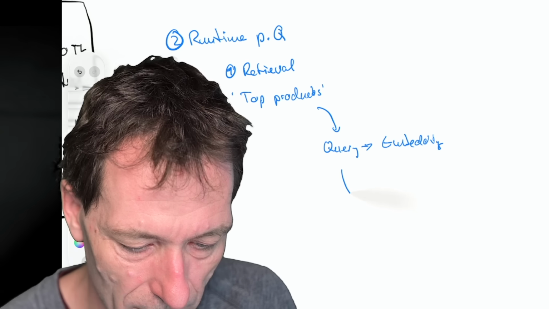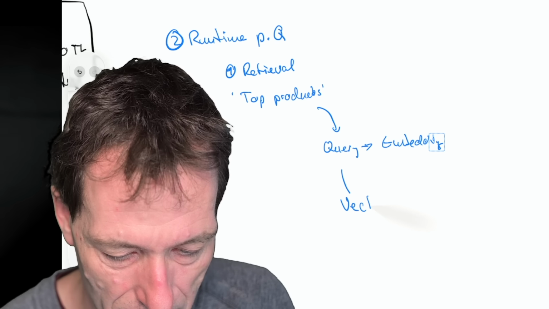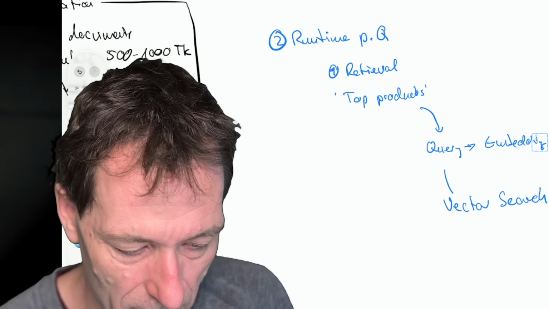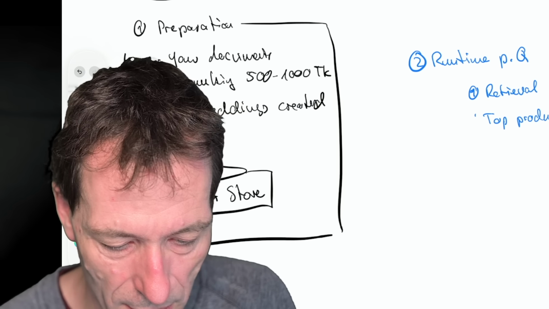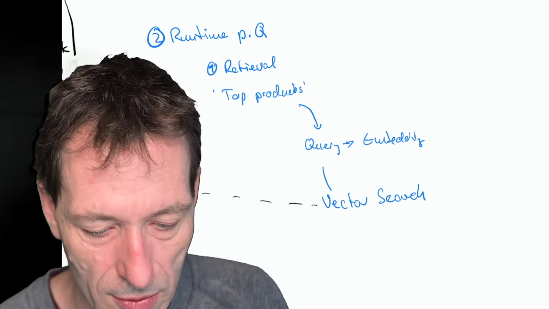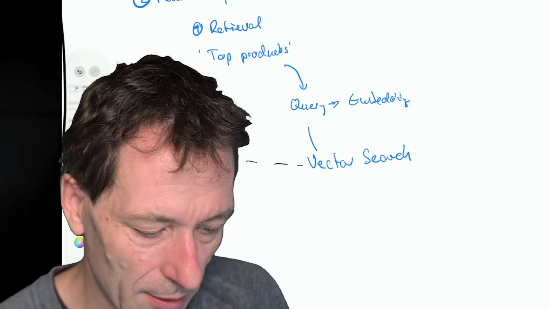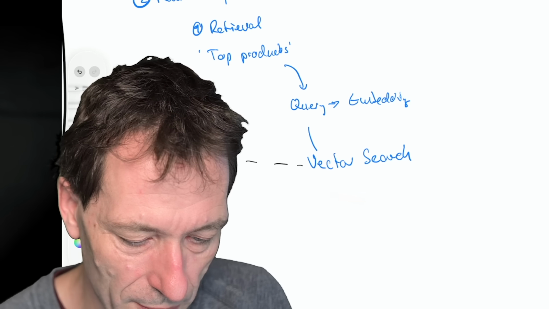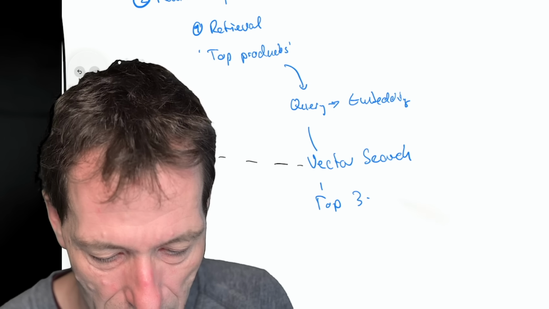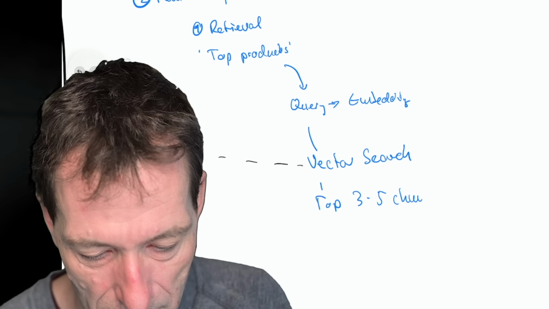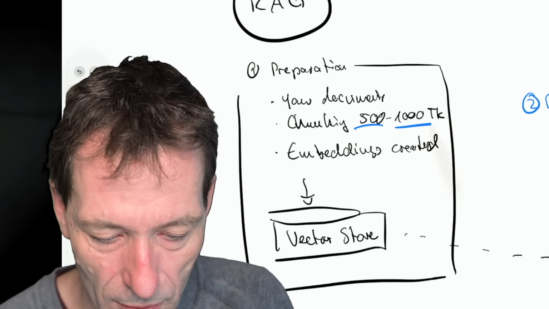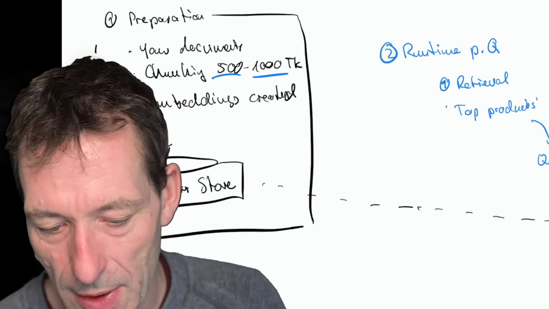This is then put into vector search. The vector search is related to our vector store, so let's draw a line from the vector store to vector search. And the result are the top 3 to 5 chunks. These chunks are the 500 to 1,000 token items out of your documents.